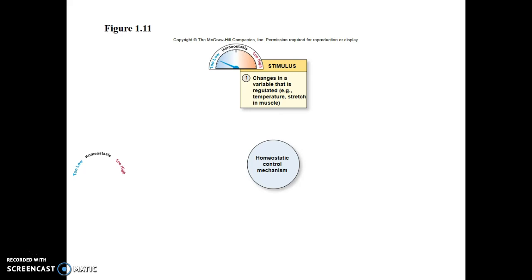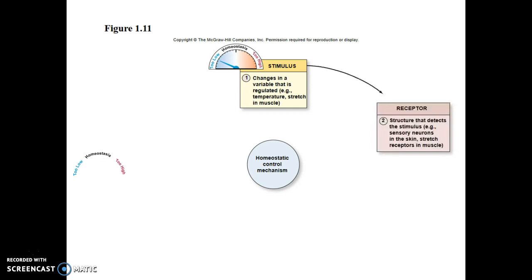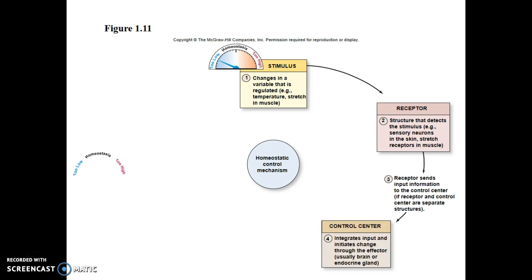So there's the stimulus, picked up by a receptor. The receptor is going to send a signal to the control center. The control center in the house would be your heater.